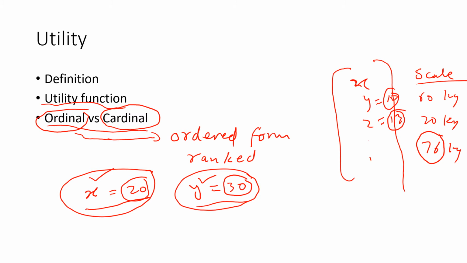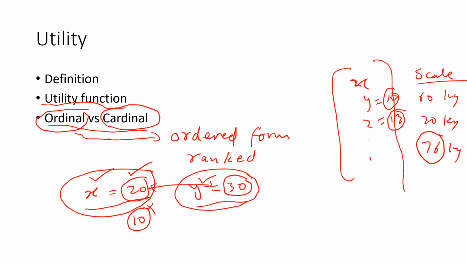If the individual X tells you that he gets 10 utility from consumption of bread and 20 utility from consumption of chicken, obviously now you can rank it and you can say that he gets more utility from consumption of chicken rather than bread, but you cannot cross compare that with another individual.